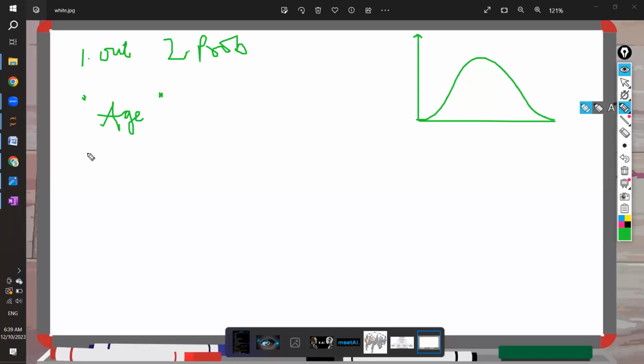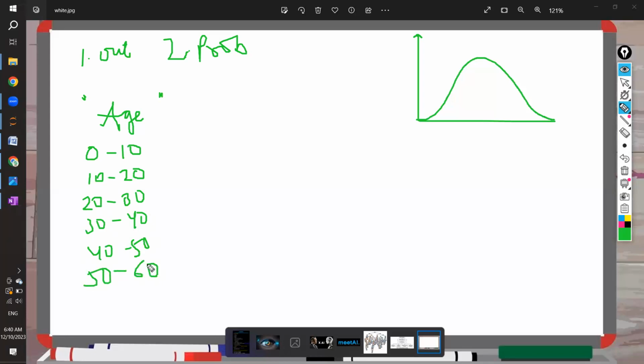So I can have 0 to 10, 10 to 20, 20 to 30, 30 to 40, like that, 40 to 50, let's say 50 to 60, right? Now usually, even if you take India, the youth population will be high.